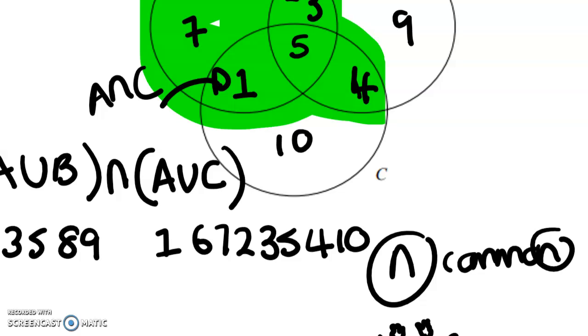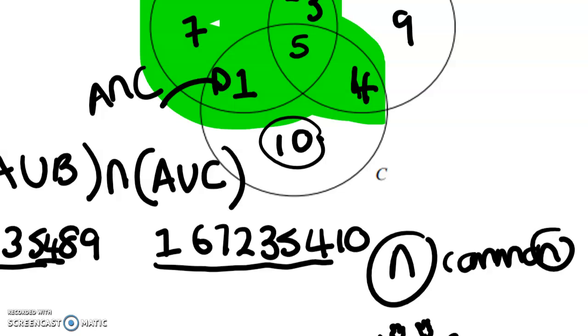Look, they've got 1, 6, 7, 2, 3, 5. And have they got 4 as well? They do, 4 there. So there's 4 there as well. 1, 6, 7, 2, 3, 5, 4. I don't want to include C where it says 10. I don't want to include the elements only in B, 8, 9, because it would not make the sets equal.